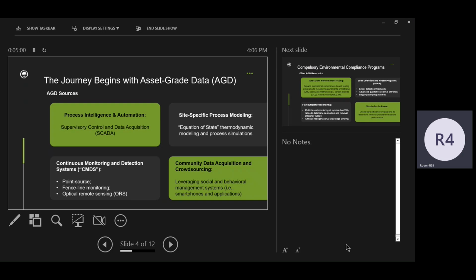And this is something I've kind of thought about is more of a philosophy than really an application at this point, but community data acquisition and crowdsourcing. So I think about Waze, you know, how valuable Waze is, and you can kind of see the vulnerabilities ahead of you on the interstate. I kind of think of leveraging your community within your organization much in the same way.